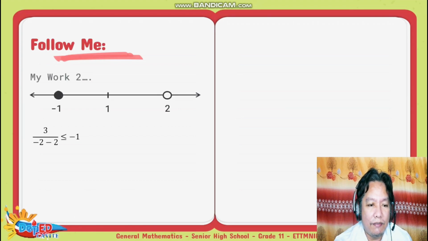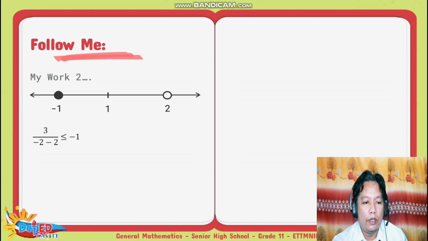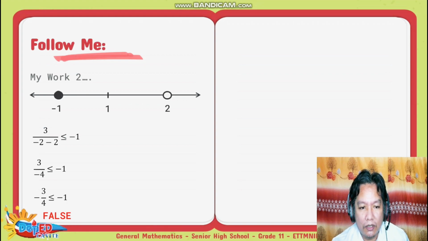How about if we are going to use the extended negative side? So we have -1, next is -2. So 3 over -4 is -3/4, less than or equal to -1. That is false. How about for +1? 3 over -1, and that is -3, less than or equal to -1.